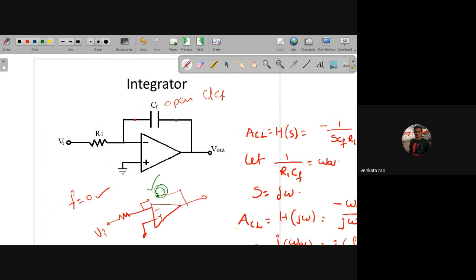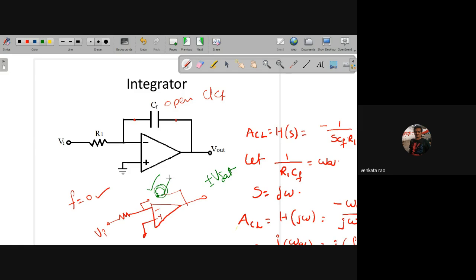It is open circuited. Now the output is either plus or minus V saturation, not the integration of the input. So your system is entering into open loop mode. That is the problem, and that's why your system is losing its stability at that point.